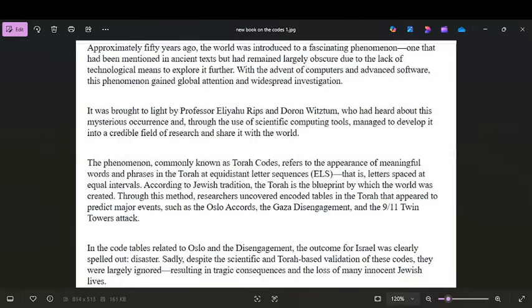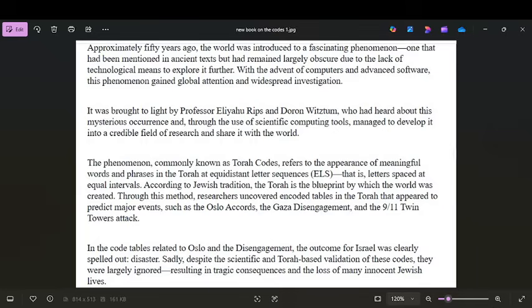It was brought to light by Professor Eliyahu Rips and Doron Witztum, who had heard about this mysterious occurrence, and through the use of scientific computing tools, managed to develop it into a credible field of research and share it with the world.